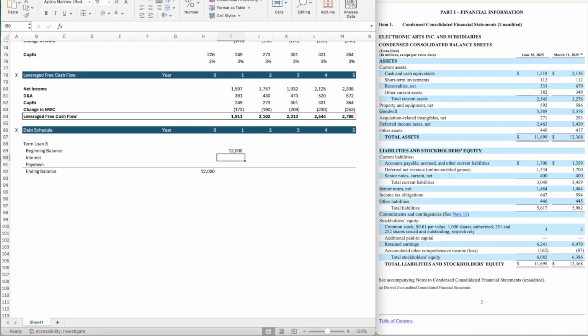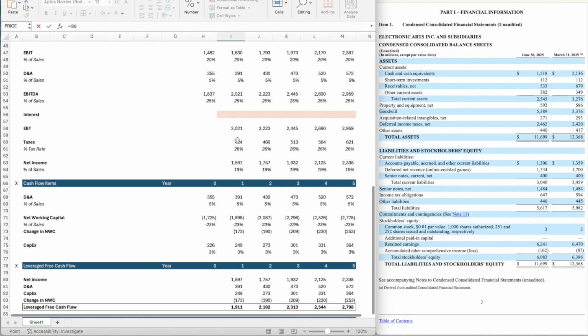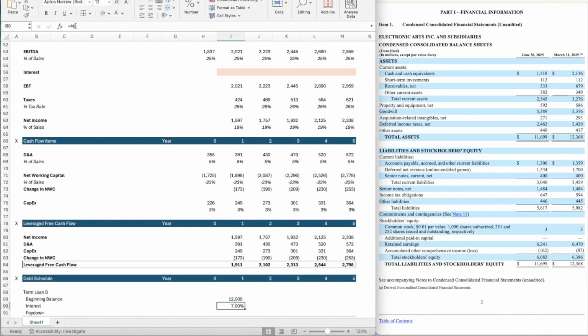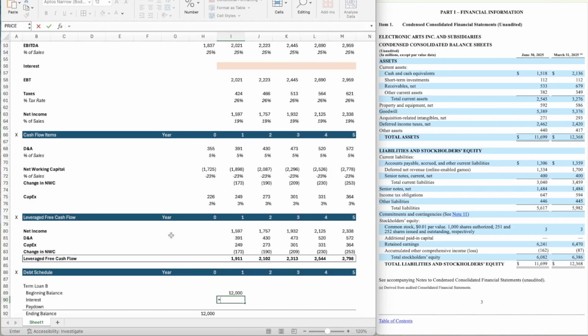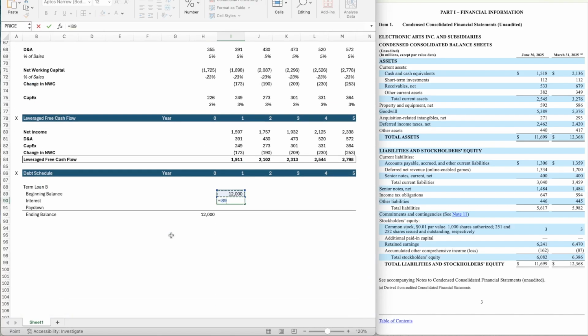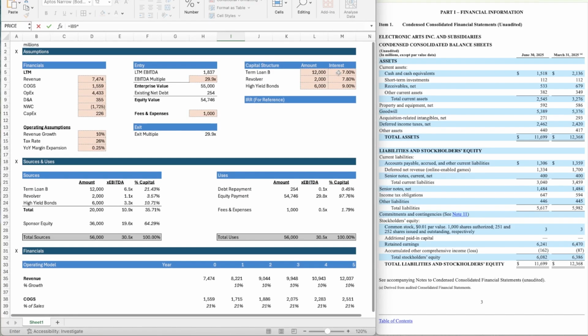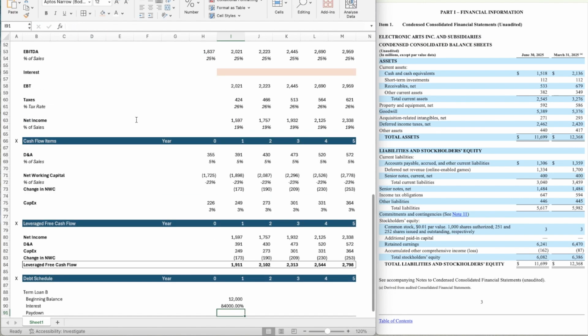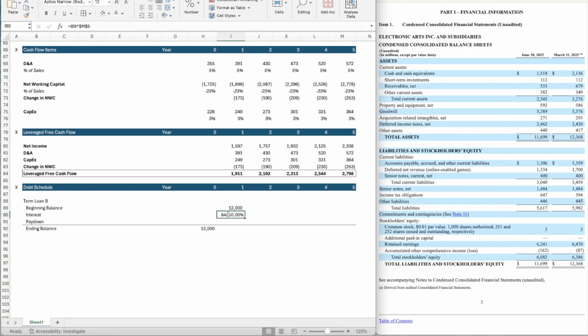Then to pay the interest, it's going to equal the beginning balance multiplied by the interest rate on that loan, and lock that in. It doesn't need to be a percentage, it needs to be a number.